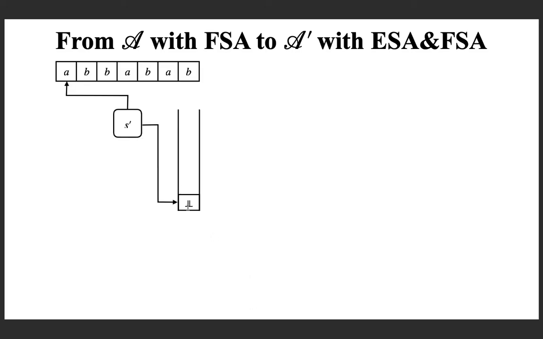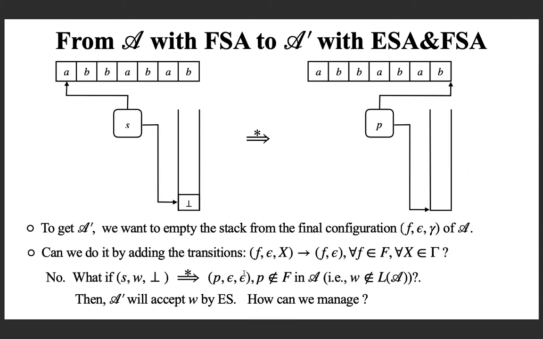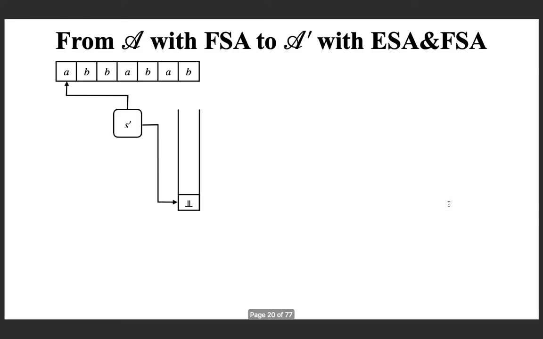Suppose I do this. My problem was when the original machine rejects by emptying the stack. To manage it, to the new machine I am going to add a new bottom of stack symbol. This I will set as the bottom of stack symbol for the new machine A prime. And I am going to add a new state S prime to A prime, and I am calling the newly added state S prime the start state for A prime.